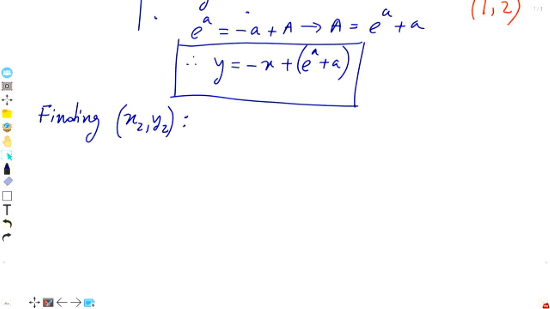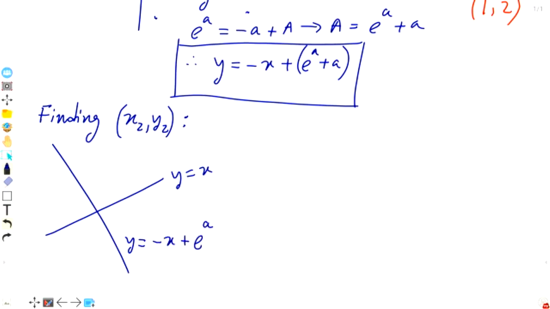So there you have y is equal to x here. Here you have y is equal to minus x plus EA plus A. You have that. So this is your x2. Right. So how do you find that?